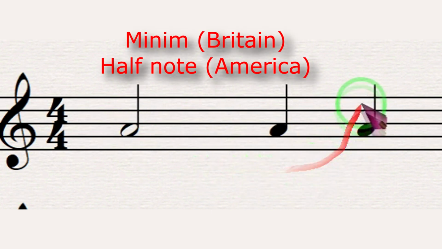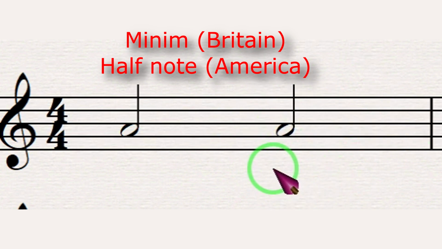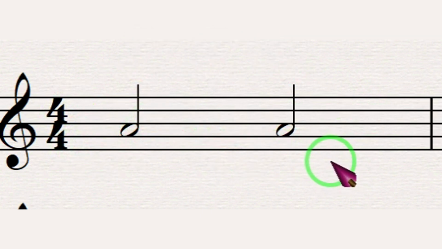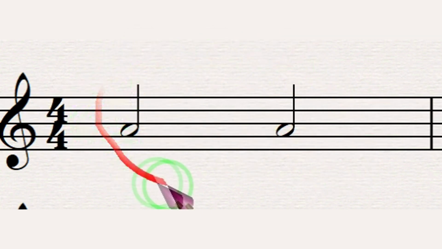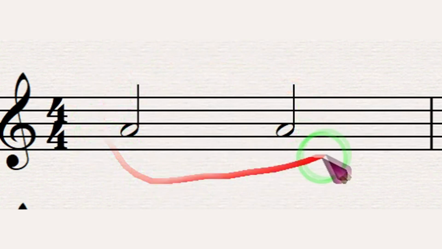I can also take these 2 and replace it by 1 minim or half note. So in this 4/4 bar I can fit 2 half notes or minims.